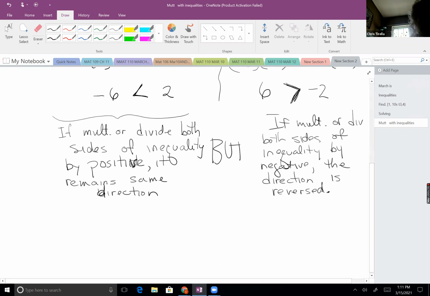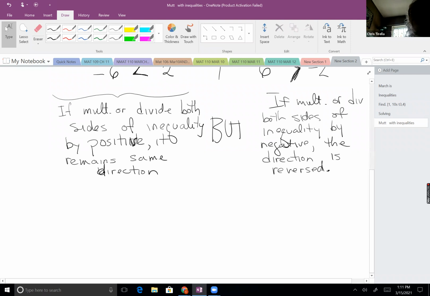So if we add or subtract the same thing to both sides, the direction always stays the same. If we multiply or divide by a positive, the direction stays the same. But if we multiply or divide by a negative, that direction is reversed.